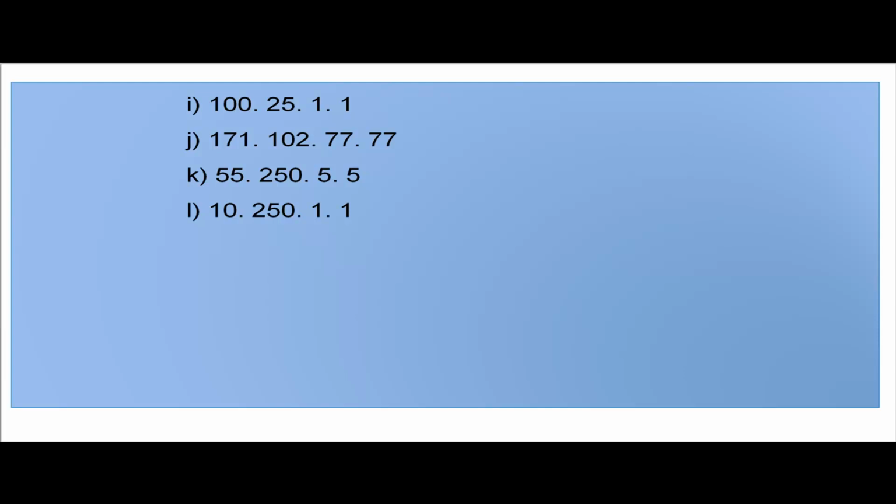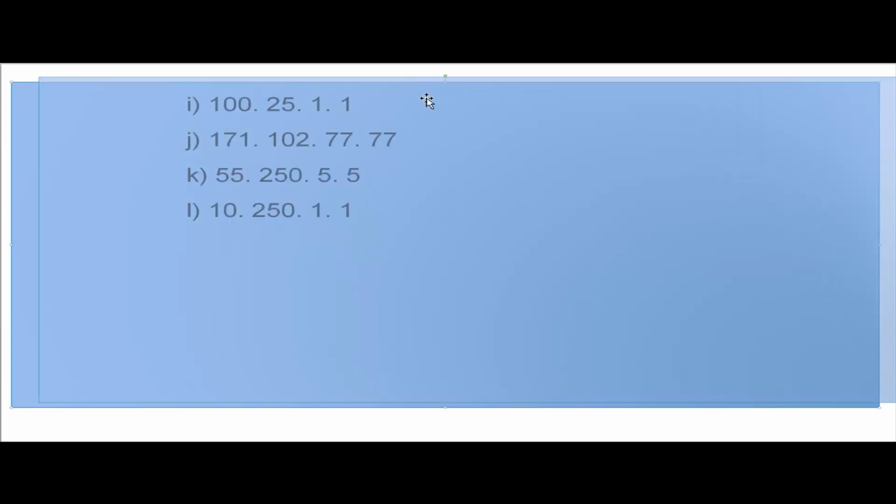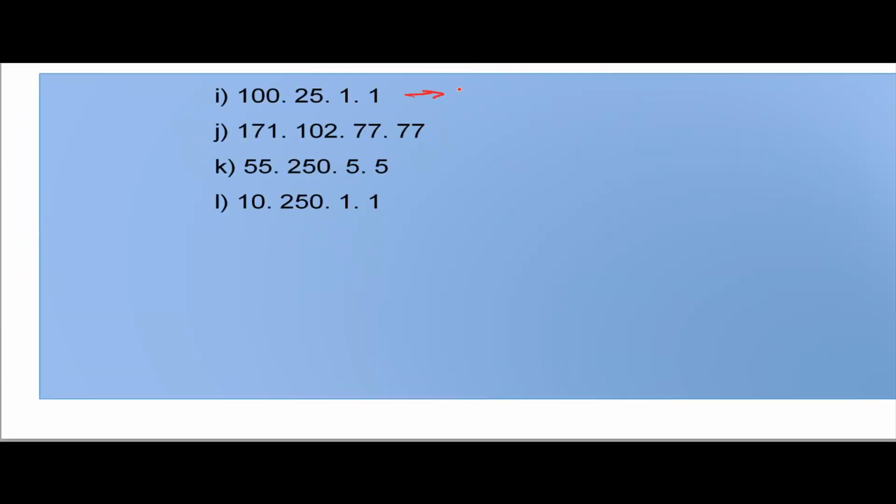Then 100.25.1.1. This is a class A IP address, so the last three octets are going to be our host part. Then 171 is a class B IP address, so the last two octets are the host part. 55 is a class A IP address, so the last three octets are your host part.